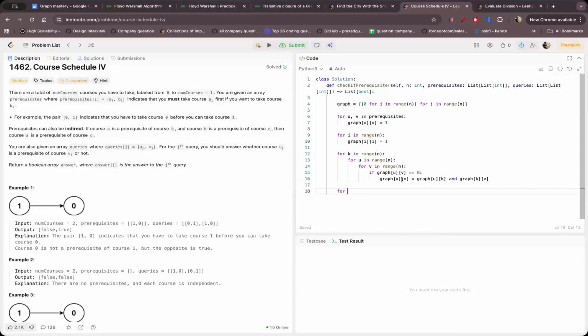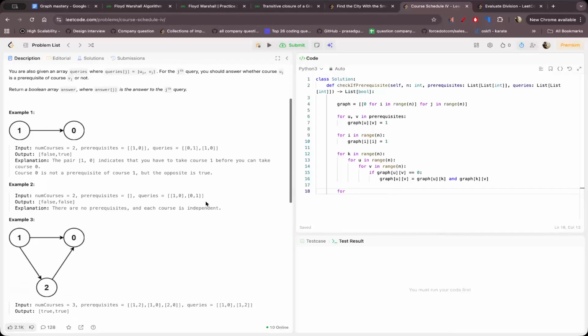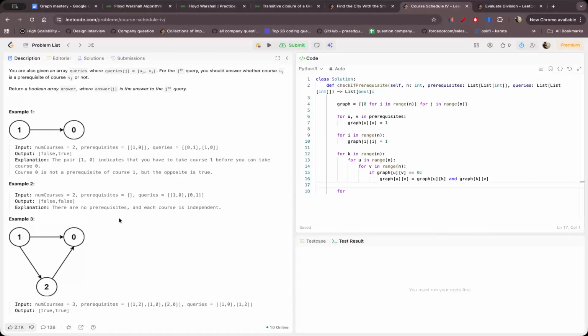So now I'll try to answer all the queries. First thing is what I need to return is true and false. So I'll simply say answer is false times the length of queries. So this just made an array with all the falses. So for my query in queries, what my query has is u and v.